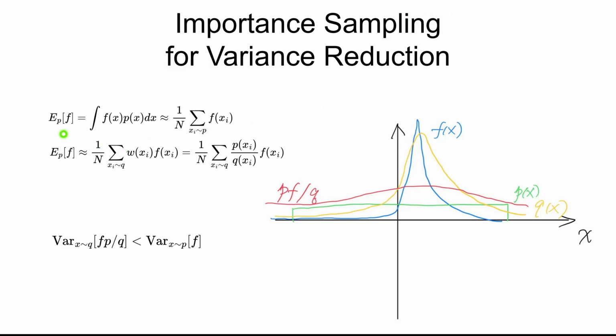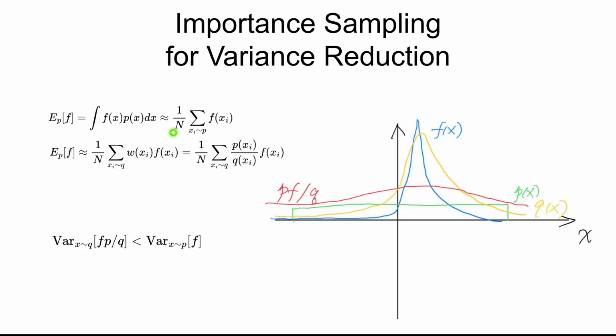If we want to compute the expectation value of f under the distribution P of x, which is basically taking this integral of f(x) times p(x) over x, this integral can be estimated using this average. Basically, we take n samples from P of x as xi, and then take the average of the f values at these points.